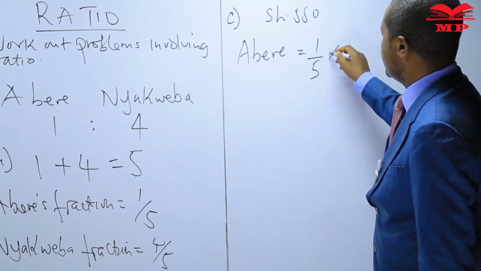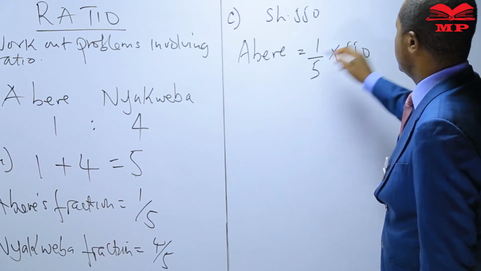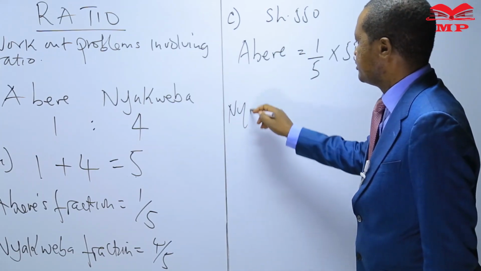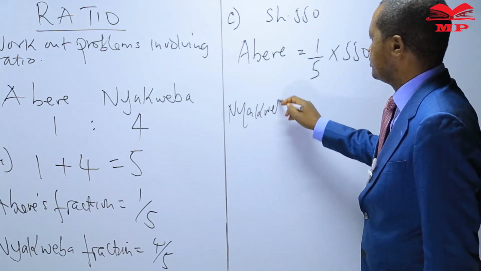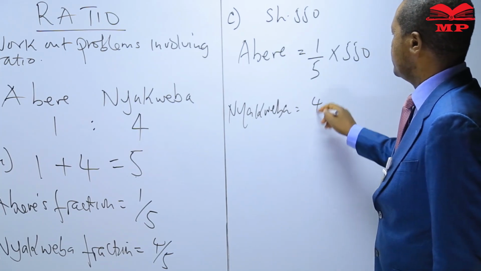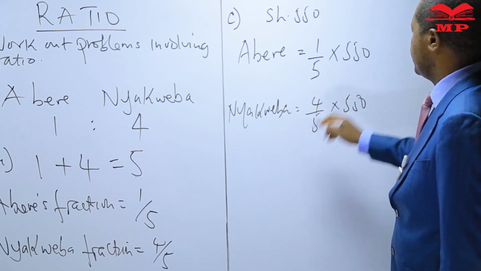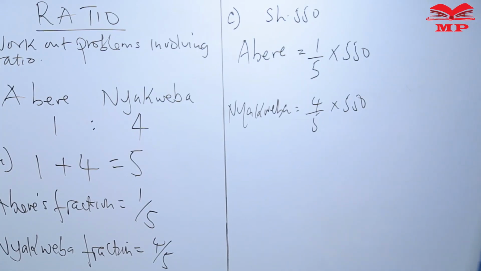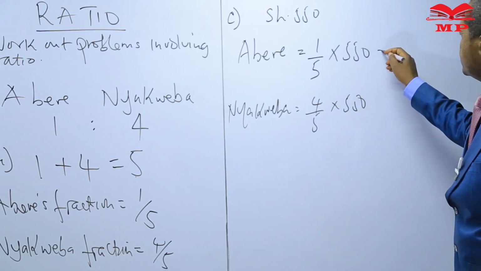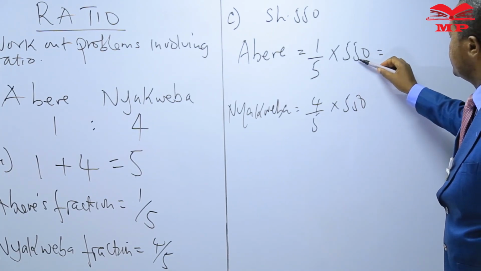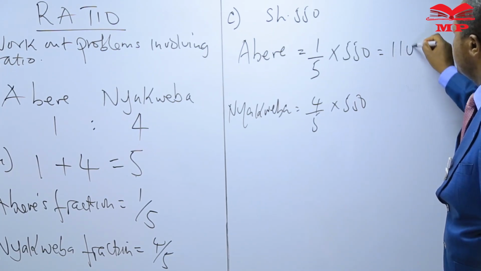1/5 times 550, and Nyakweba received 4/5 times 550. 5 goes into 550, 110.